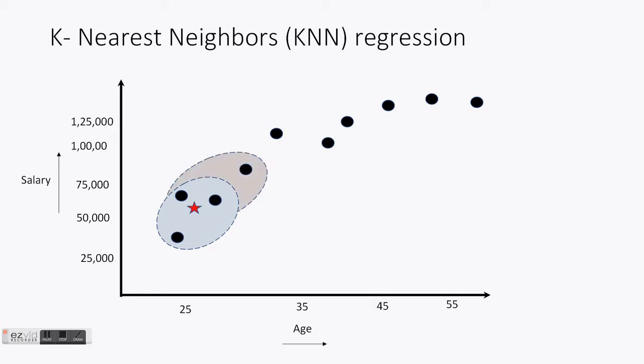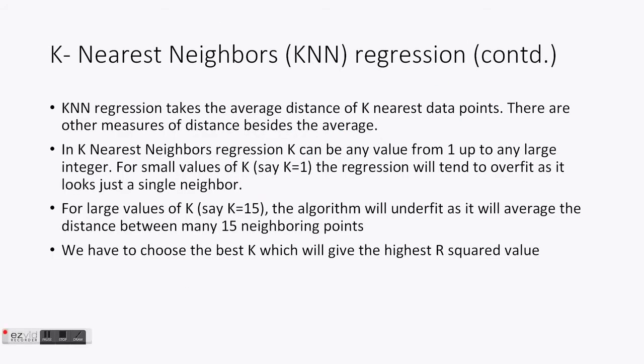Then it will take the next 3 neighbors and come up with the next predicted point, and so on and so forth. So it can see how the neighbors perform, and it will assume that another point will lie close to that particular point. That is what K-nearest neighbors regression does.